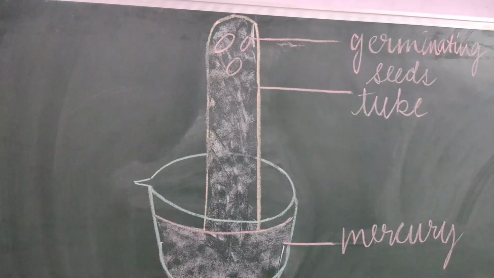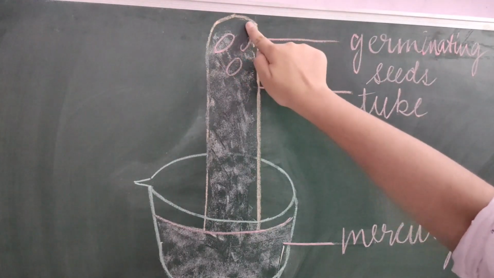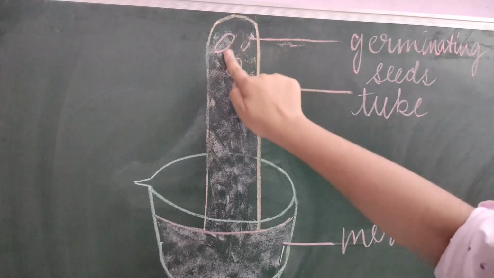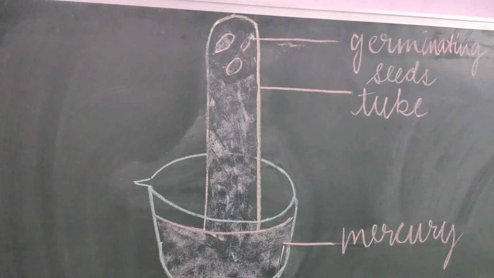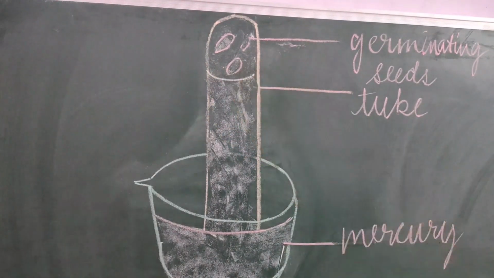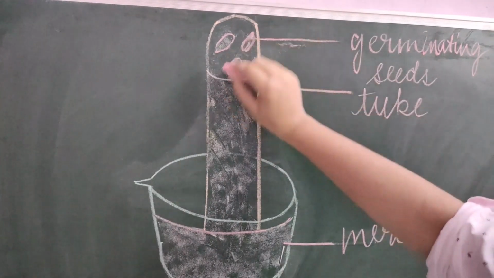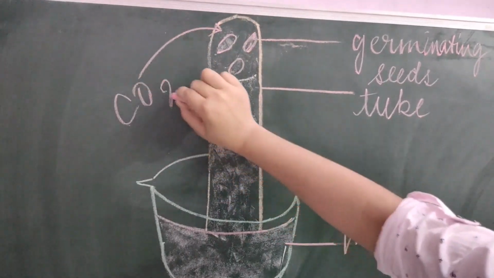Seeds here will actually respire and they will produce carbon dioxide, due to which the mercury level here will decrease. It will fall. So the mercury level will fall so much that this much would be its height, and these are your germinating seeds. And now here we have CO2.